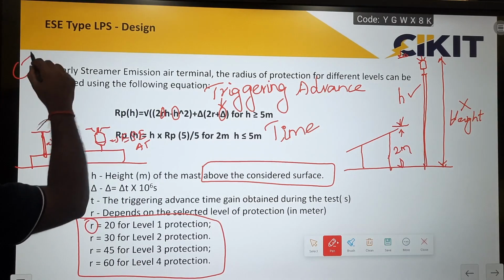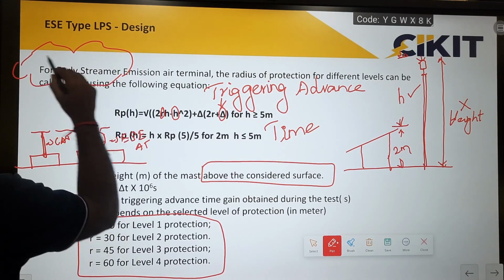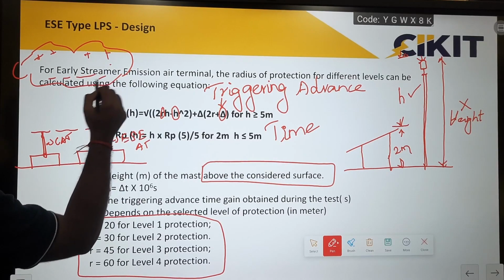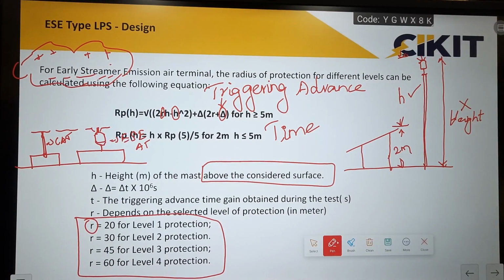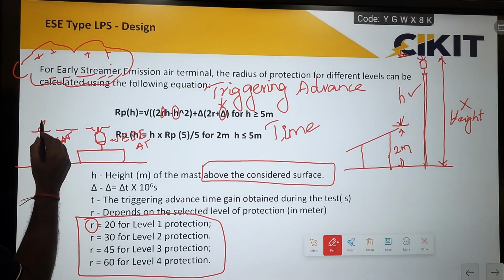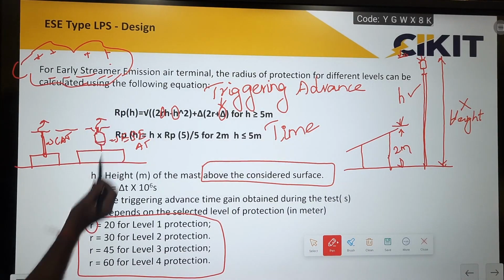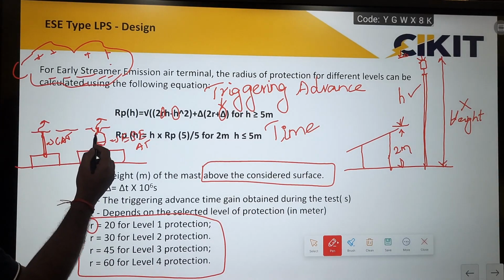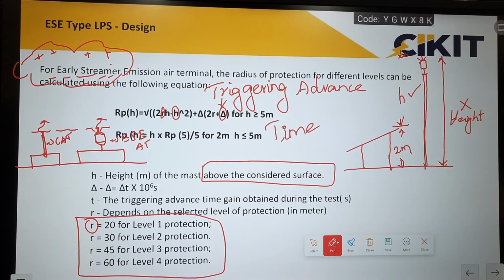I will simulate the lightning conditions, and because of induction, this one will send a trigger and this one will also send a trigger. I will observe the difference in time between this ESE terminal and this conventional terminal.